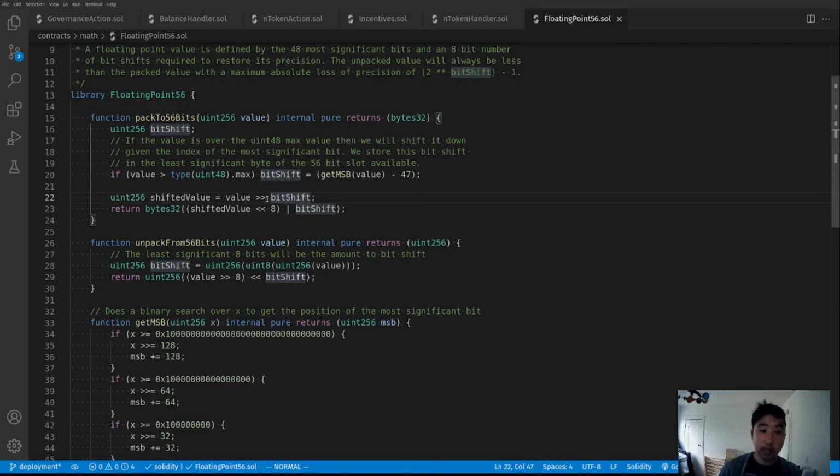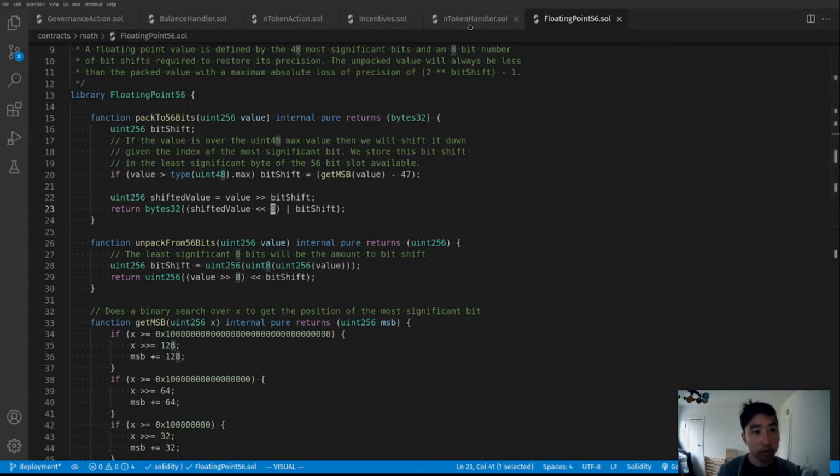We're basically going to truncate anything that's less significant than those 48 bits. And when we unpack from that, we take the bit shift, which we store in the smallest byte of this 56 bits, and we shift that value over. So we're essentially truncating off the least significant parts of that integral total supply.